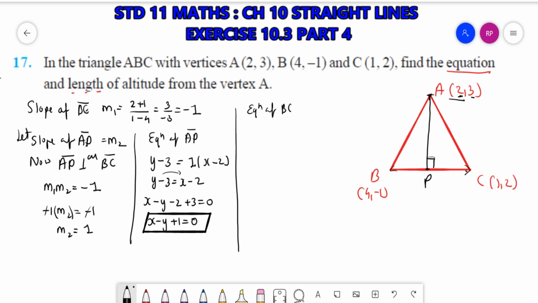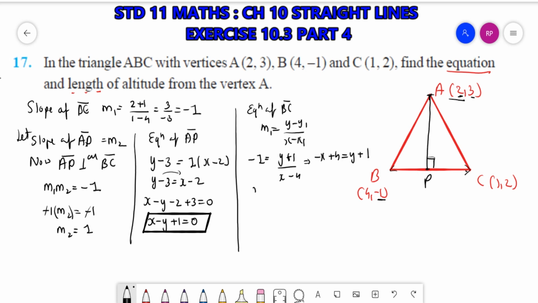Okay. So now the equation of BC. The slope we already have, that is minus 1. I will write down m equal to y minus y1 upon x minus x1. What is the slope? Minus 1. Y minus, let's say point (4, -1), so minus minus plus 1, upon x minus 4. This will go: minus x minus minus plus 4 equal to y plus 1.